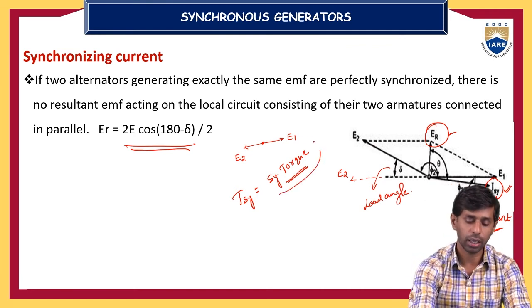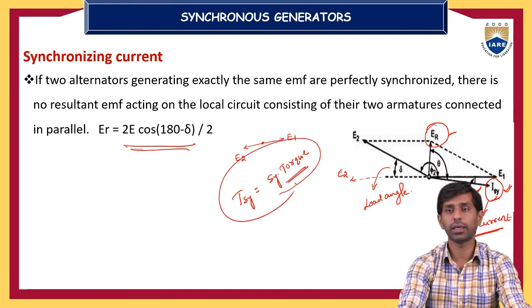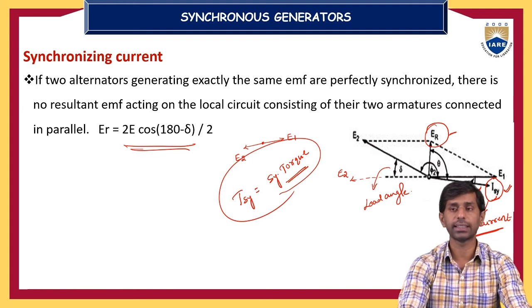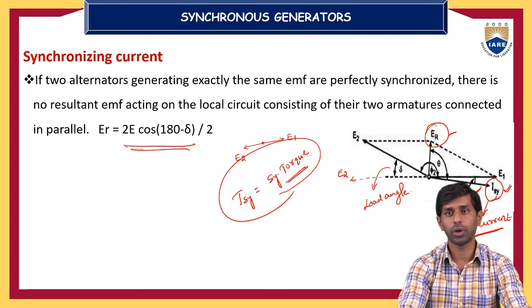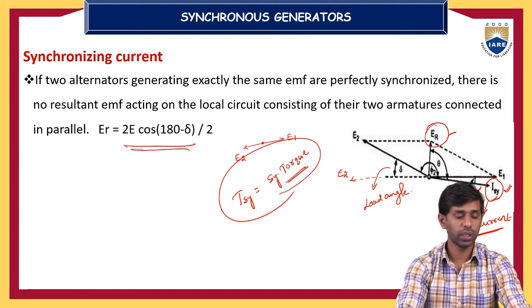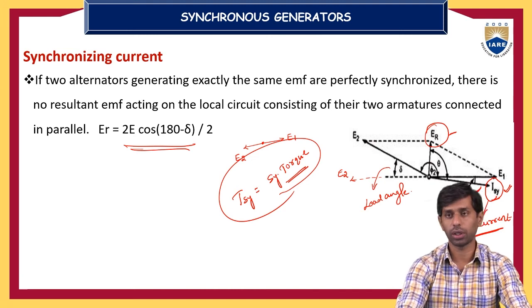The synchronizing torque will decelerate alternator number 2 as well as accelerate alternator number 1 to settle down the synchronism, or pull into synchronism without any disturbance. That is the case if the two alternators are connected in parallel. Due to any disturbance in either alternator, the synchronizing current and synchronizing torque will come into play, and restore the synchronism.